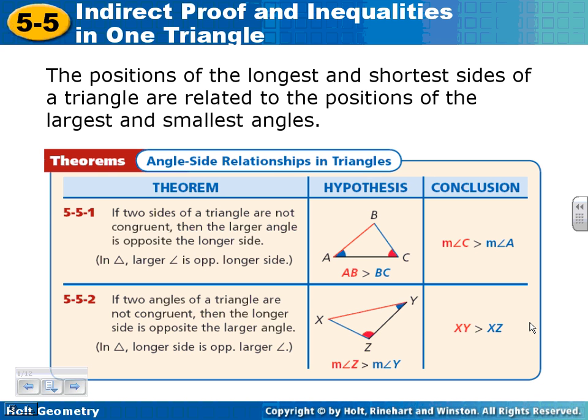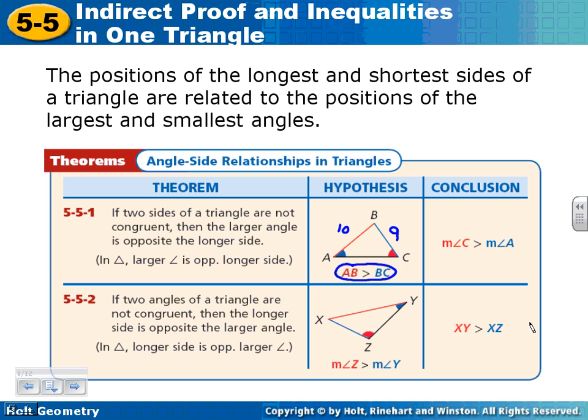And theorem 5.5.1 reads, if two sides of a triangle are not congruent, then the larger angle is opposite the larger side. Well, what that means is, if you look at this inequality, I'll circle it, AB is greater than BC. So let's just say AB is 10. Let's give it a number. That means BC is smaller, so maybe BC is 9.